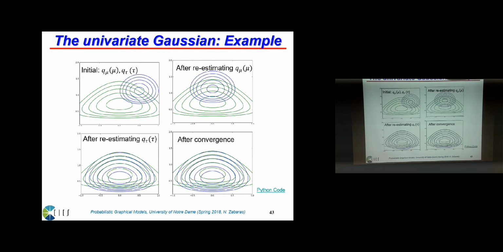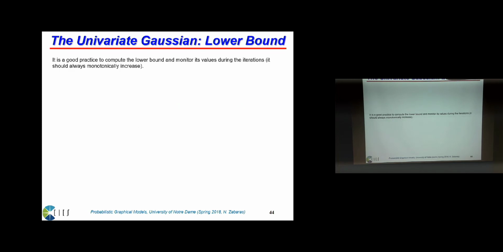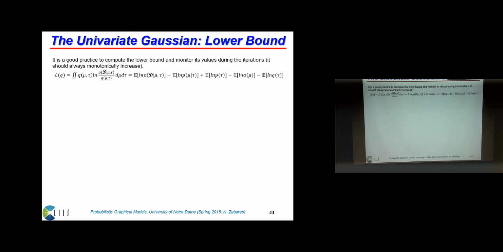So let's do the lower bound for the simple case of the Gaussian. I'm going to remind you, the calculation is algebra, but it's standard. If you do 2 or 3 or 4 problems, you will be able to actually do this in research-related problems in machine learning. Okay?